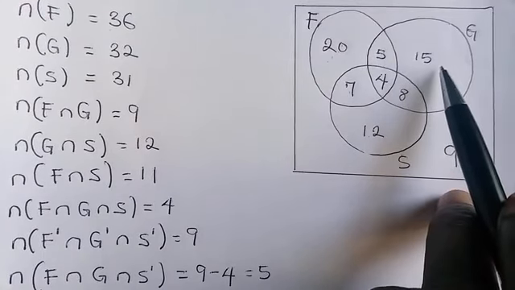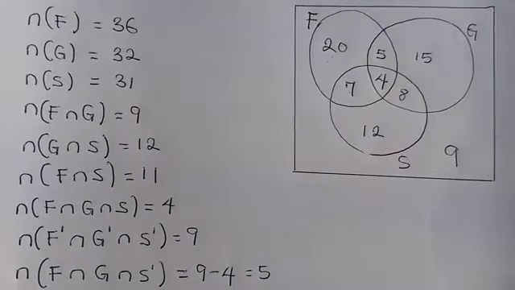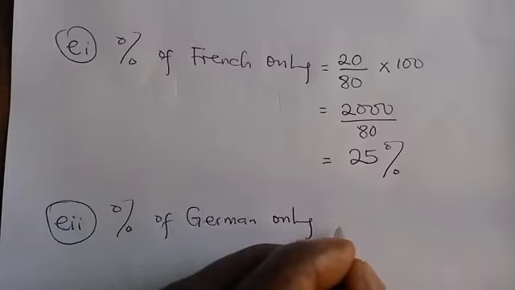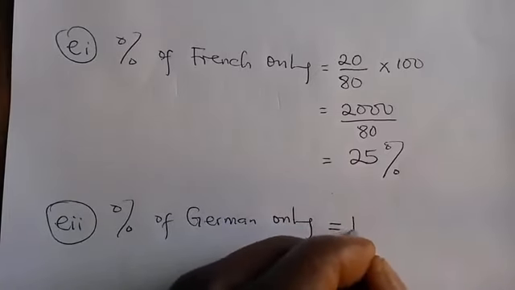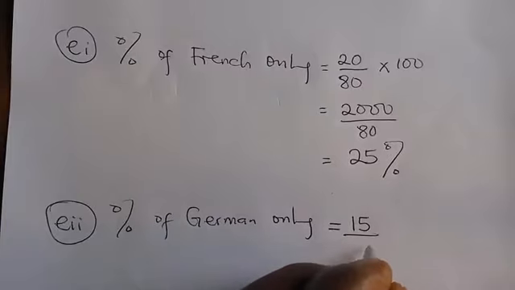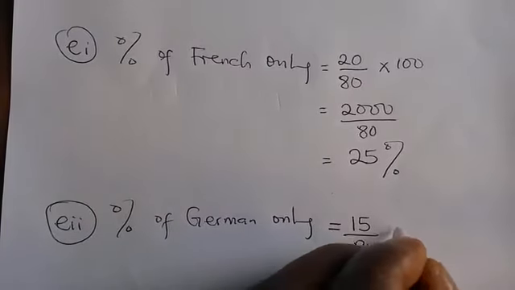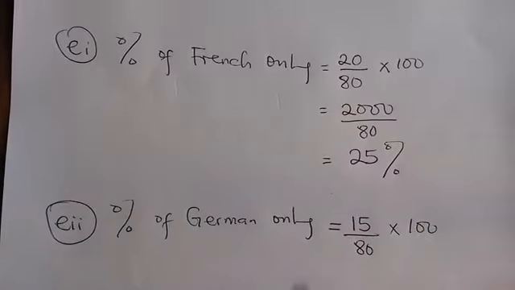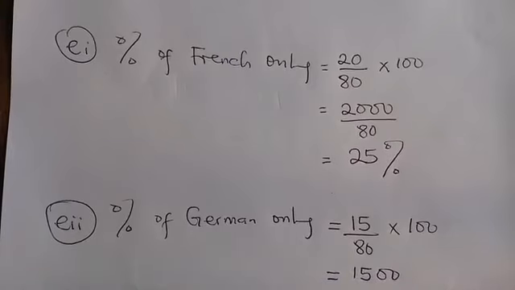So in finding the percentage of boys who offer German only, we will have percentage of German only equal to 15 all over 80 multiplied by 100. 15 multiplied by 100, we have 1,500.